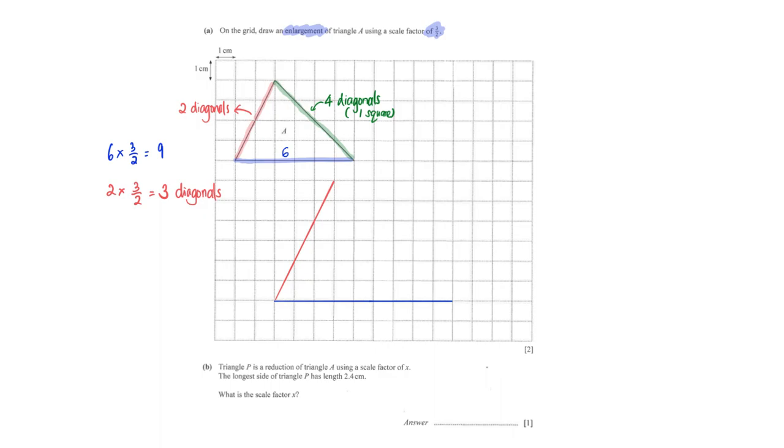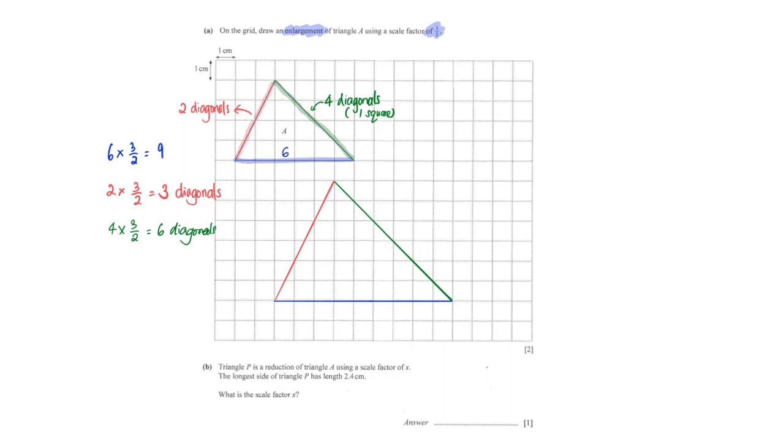So with that in mind, 4 times 3/2, that will give me 6 diagonals. And therefore, with my ruler, you would then be able to see that it fits nicely. There are indeed 6 diagonals in this green color line. With that, I've completed drawing the enlargement of part A.